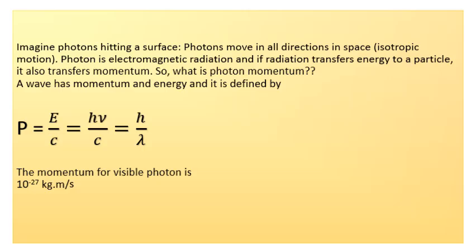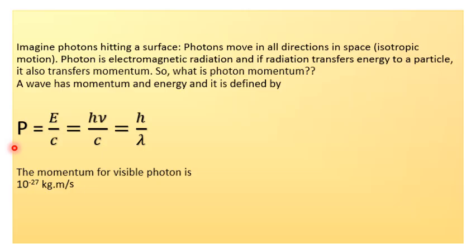All this came out from Einstein's special theory of relativity, and also Maxwell's equations. What it states is that a wave has a momentum and an associated energy, and they are related by this formula. The momentum is equal to the energy of the wave divided by the speed of light.